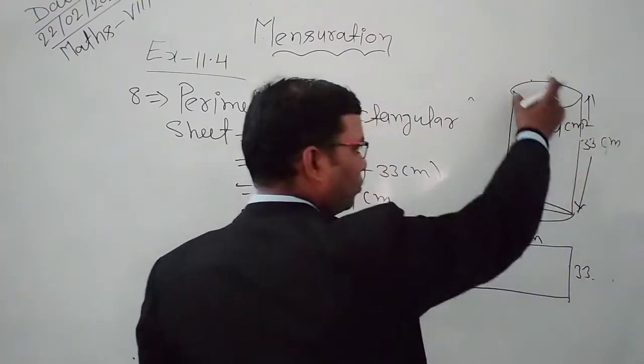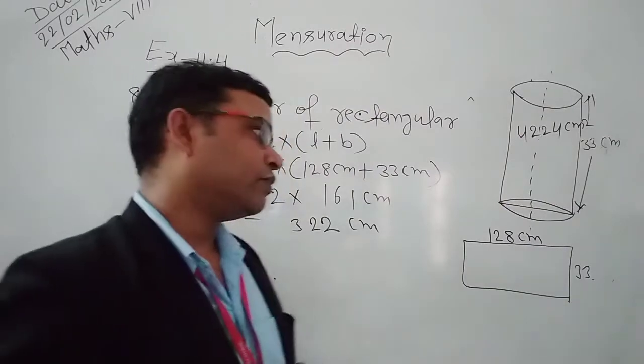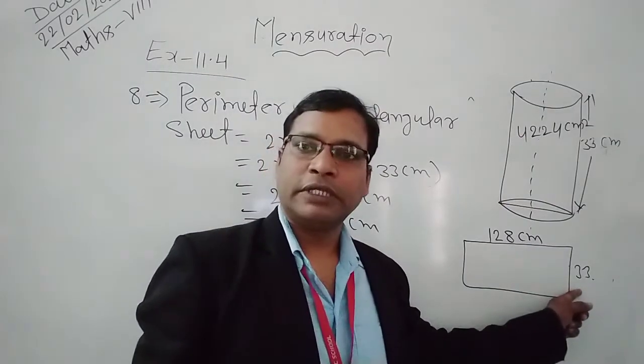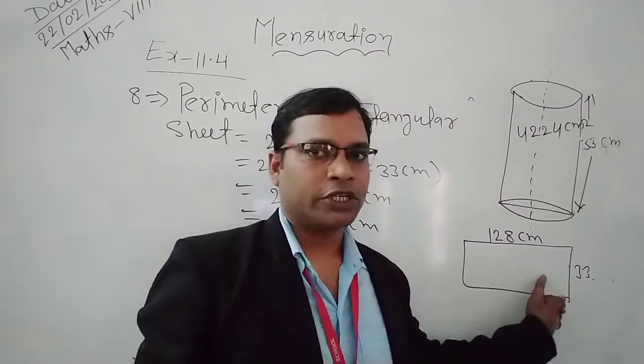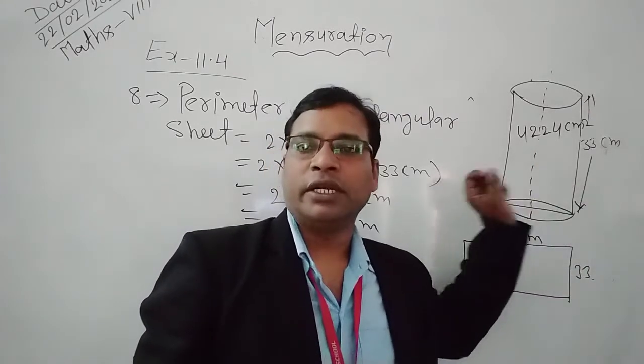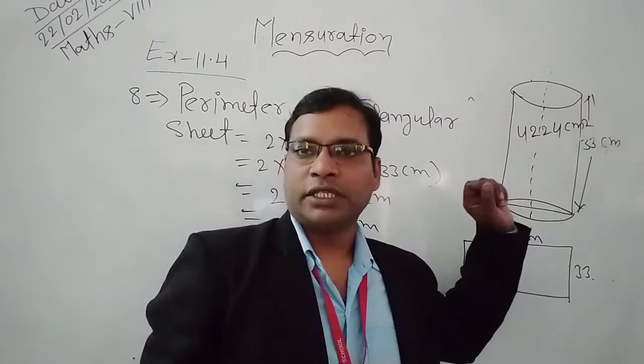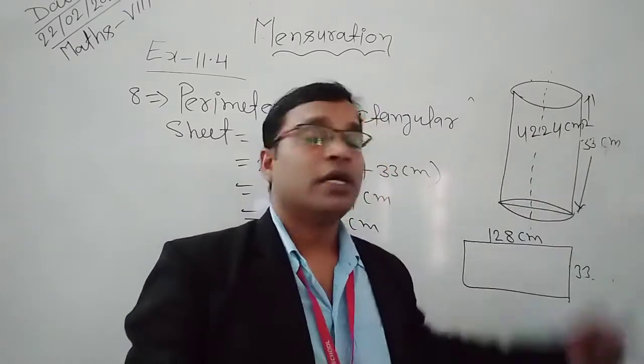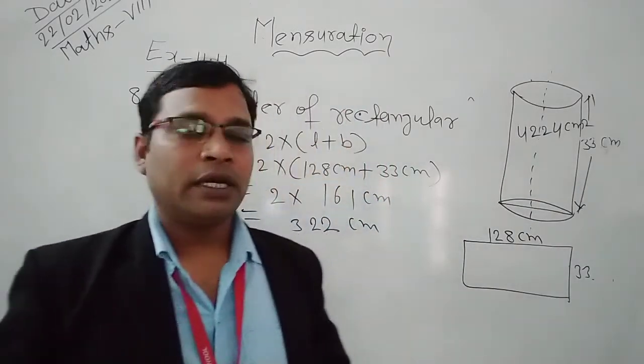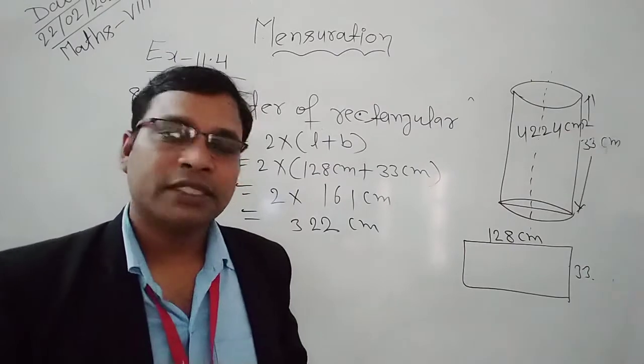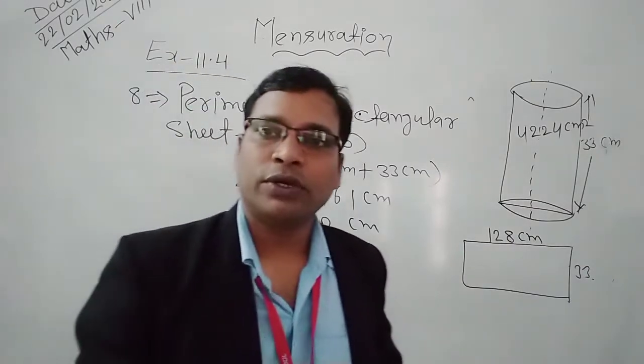So first we need to find. Okay. So if you cut it along its height, then you get 33. This is given. This is the breadth of this rectangular sheet. It means that the height of the cylinder is 33 centimeter, and LSA, lateral surface area, is given also here, 4224.